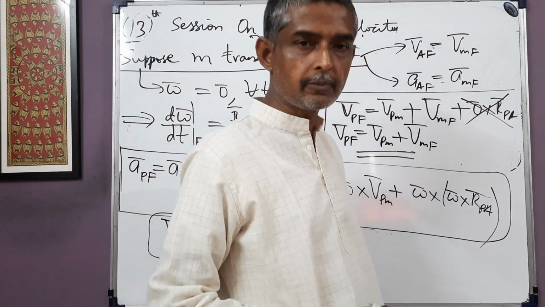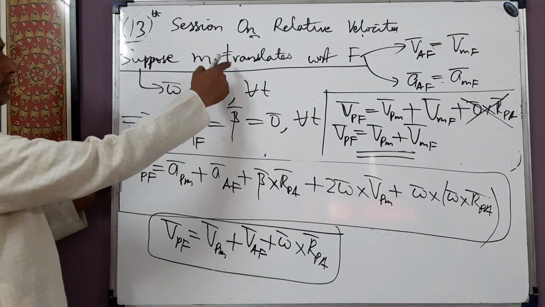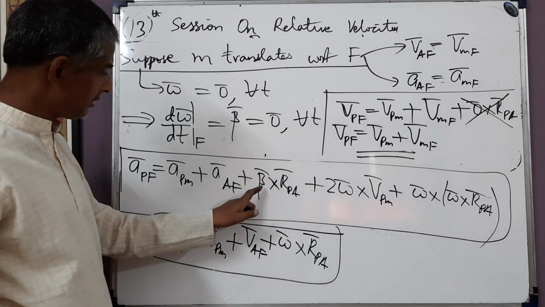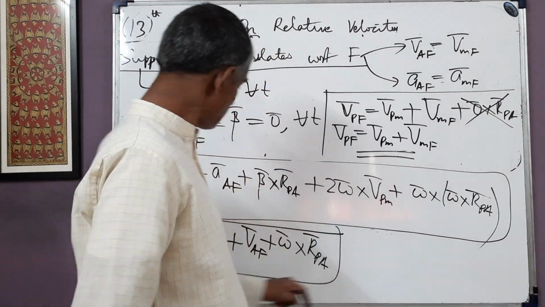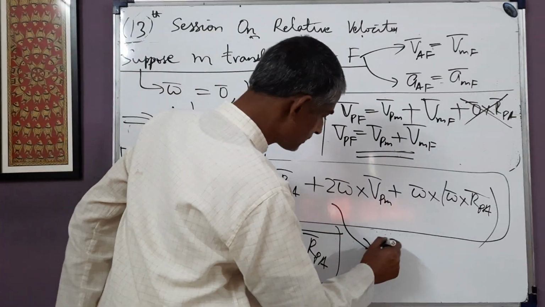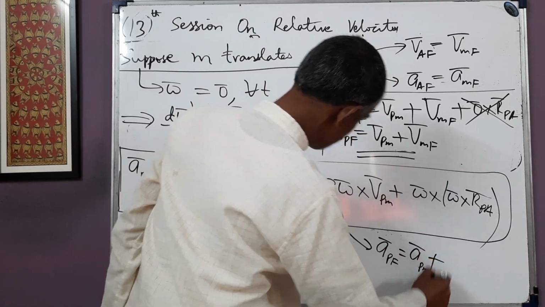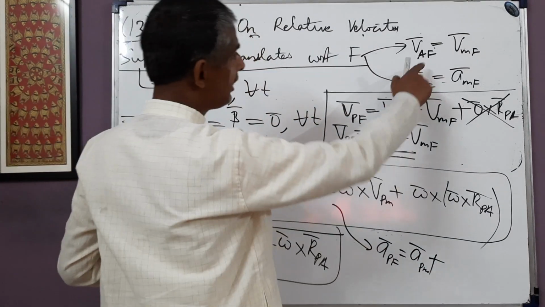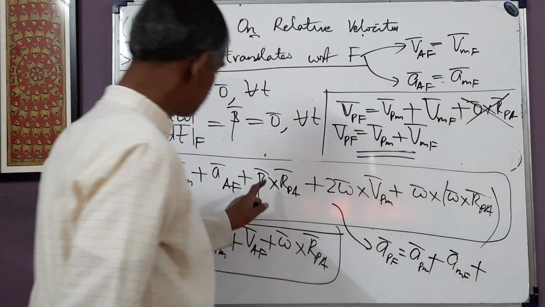And what about acceleration? If M translates with respect to F, in that case beta goes away, omega goes away, and AAF is replaced by AMF. So this equation becomes APF is equal to APM plus AAF, where AAF becomes AMF, plus beta cross RP.